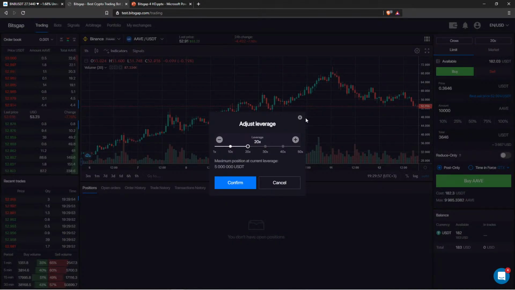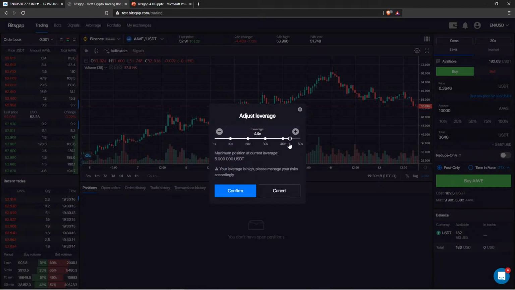So as you know, you can trade futures with leverage, which basically means that you borrow the money from the exchange in order to open larger positions, because otherwise you won't be able to afford such large trades without the leverage.